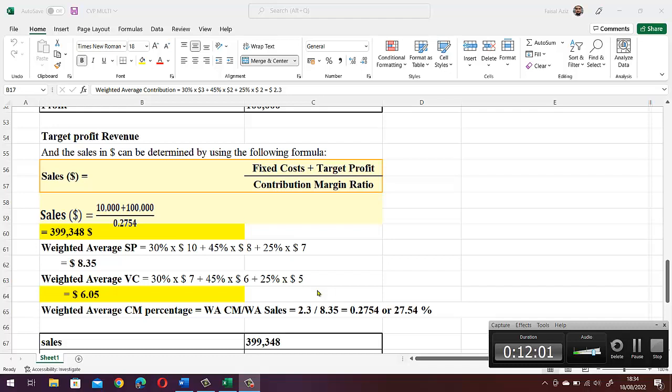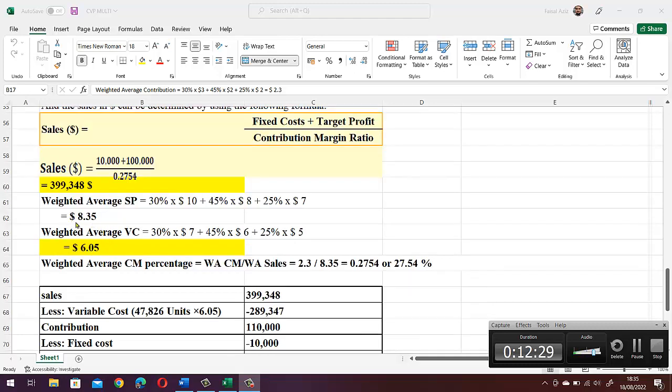Now we have three products with different selling prices. So first we need to calculate the weighted average selling price. We will use all these weightages and multiply them with the respective individual selling price of each item. By doing this we get a weighted average selling price of 8.35.